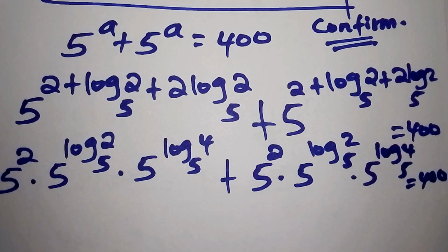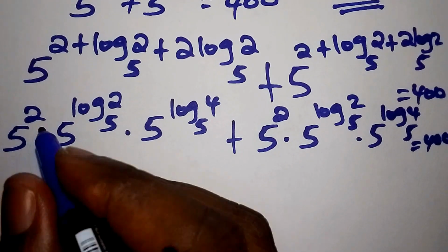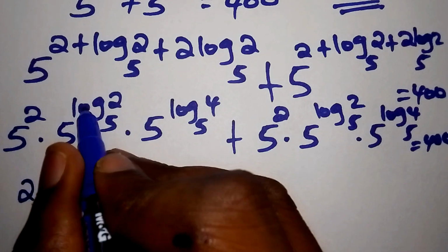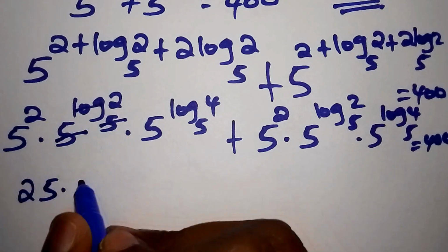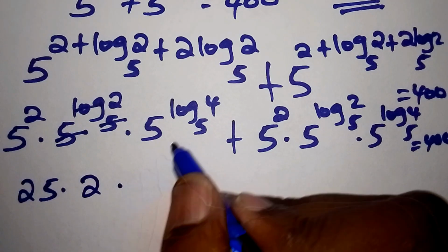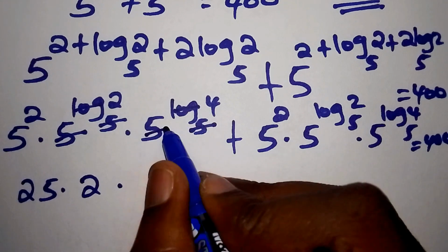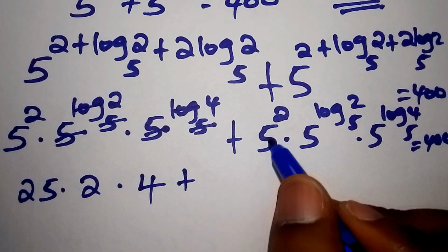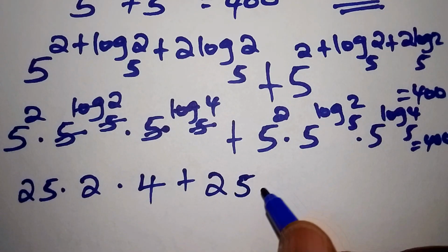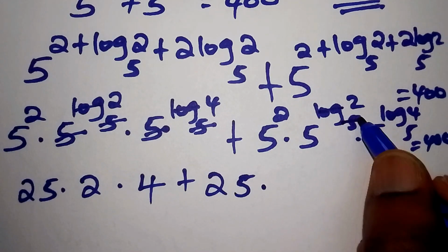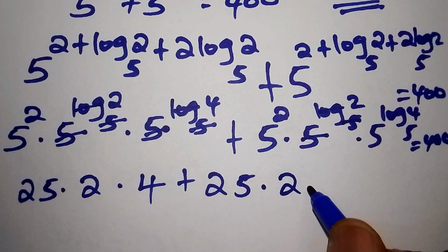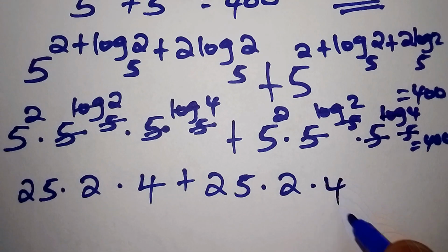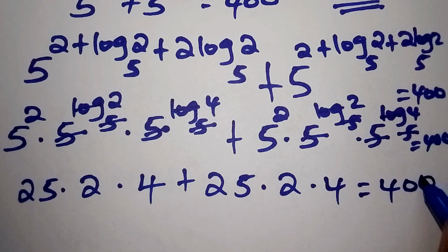400. So we shall now say that 5 to the power of 2 is 5 times 5, that is 25, multiplied by, the log to the base of 5 shall cancel this 5, so now we shall have 2, multiplied by, the log to the base of 5 shall cancel this 5, so we have 4, plus 5 to the power of 2 is 25, then multiplied by 2, then multiplied by 4, is equal to 400.